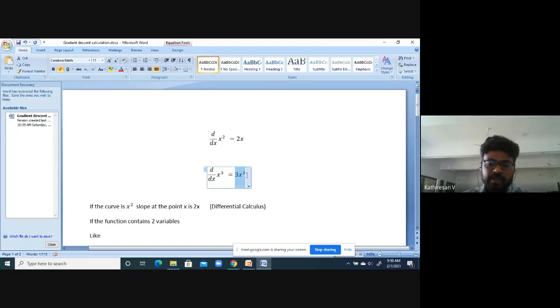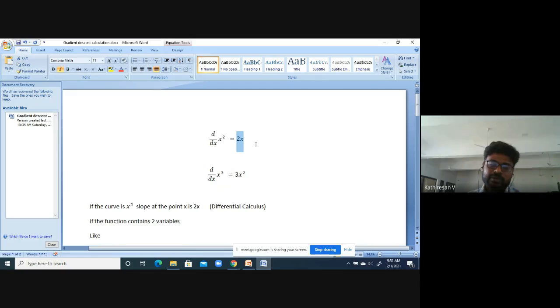Let me clear. If x square is your curve, if you want to find slope of any point in that curve, you have to differentiate this curve and you have to get 2x. If you apply this 2x, you can get the slope of that particular point in that curve.